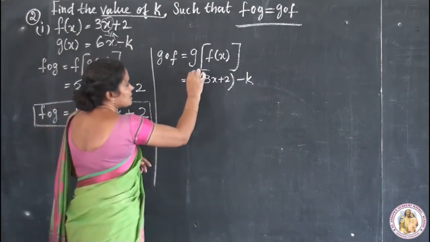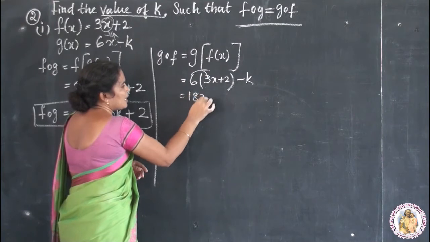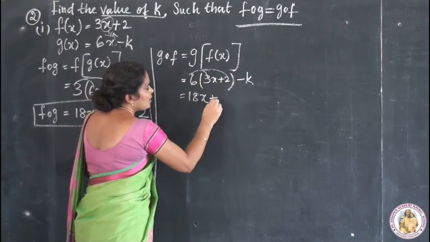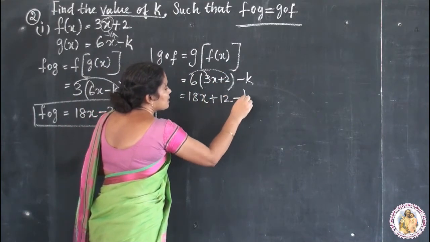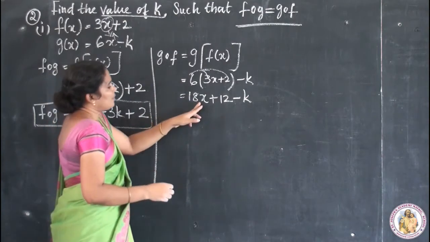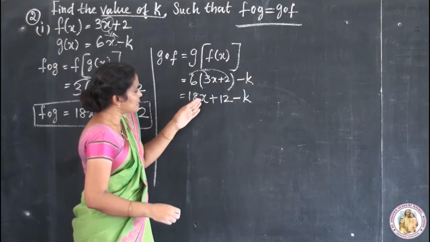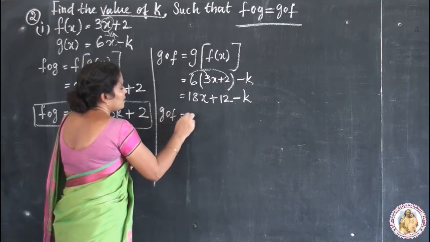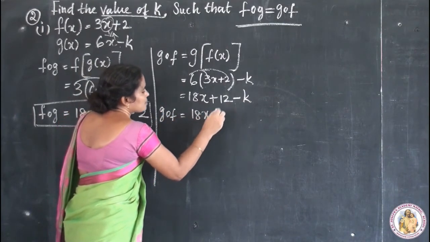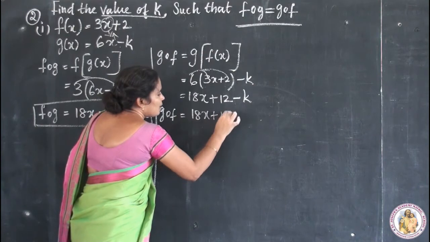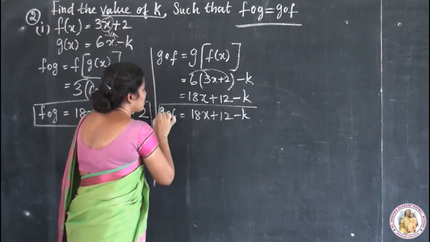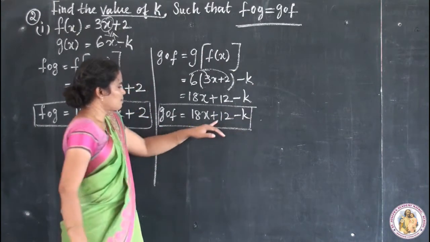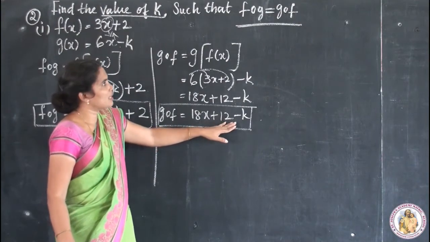Okay, then 6 3s are 18x, 6 2s are 12, minus k. Again, we have two different variables, that is x and k. So we stop here. g of f is 18x plus 12 minus k.